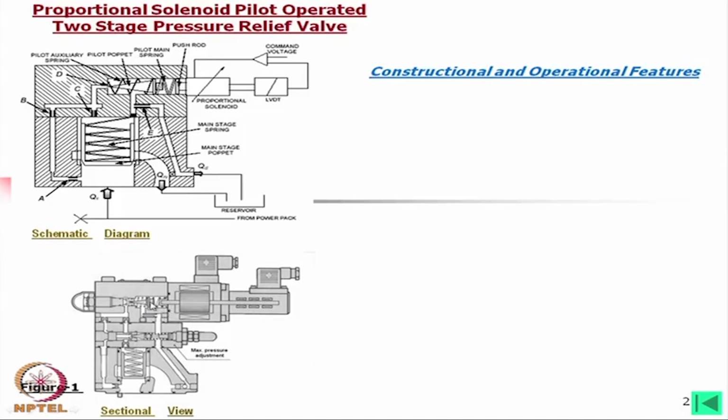Now, this spool is being driven by the proportional solenoid, and this drive force is being transmitted through a spring, not directly. This poppet is not directly connected to the solenoid spool, it is connected through a spring.